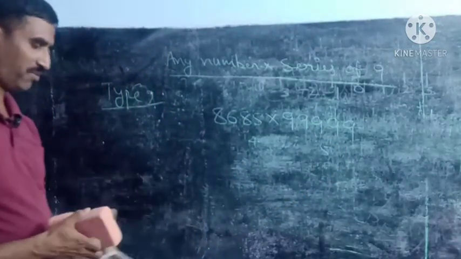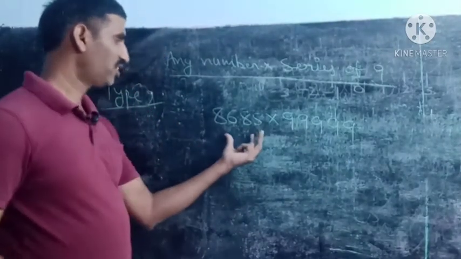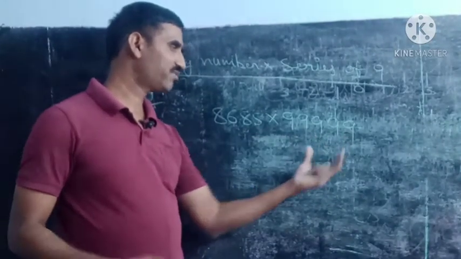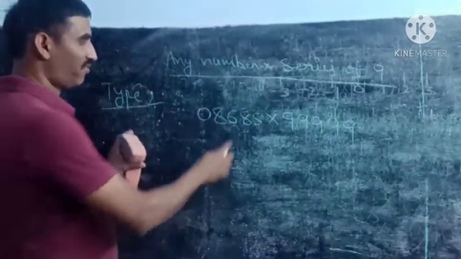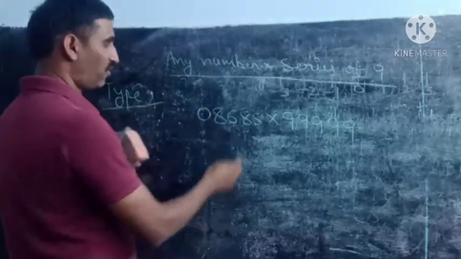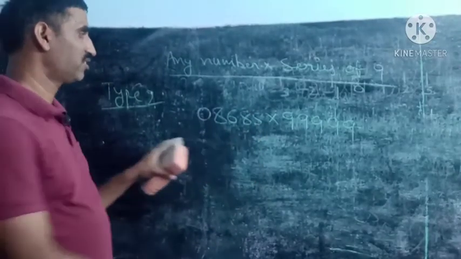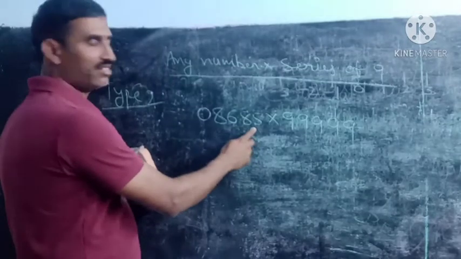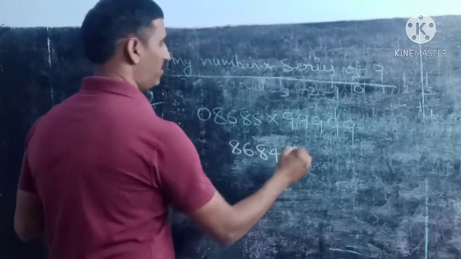How to solve this type of problem? Here only 4 digits will be there, here 5 digits will be there. You keep a 0 here. Now 5 digits and 5 digits. For the first number you should subtract 1. So 8685 minus 1, how much? 8684.